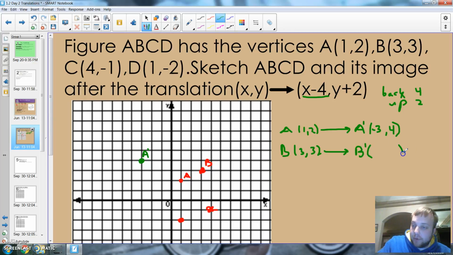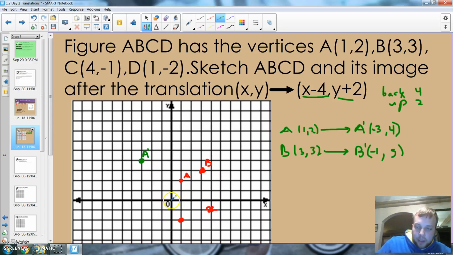Actually, we don't, because I got to get ready for school. But I got 3, 3, so let's go minus 4 from 3. I believe that's negative 1. And then add 2 onto this 3, and that's 5. Remember, I'm just following this rule right here. Minus 4 from your x, add 2 for your y.